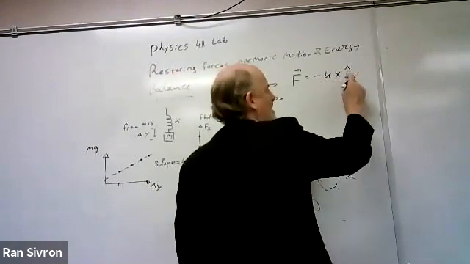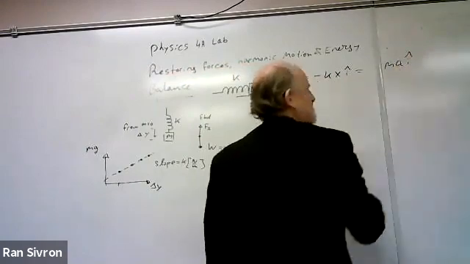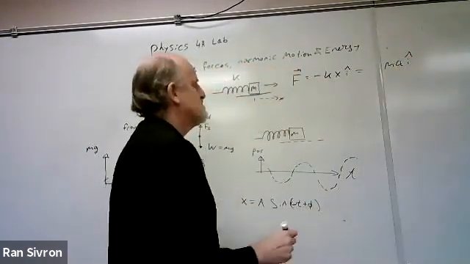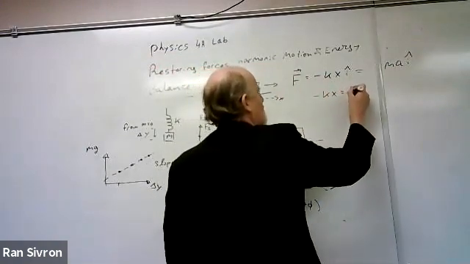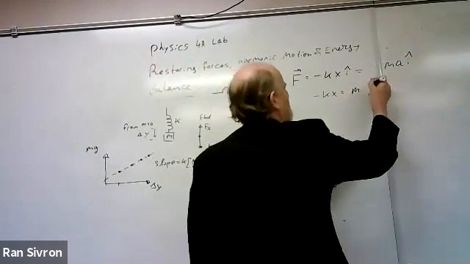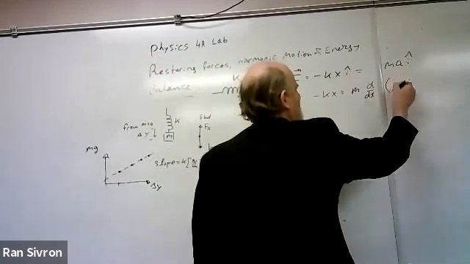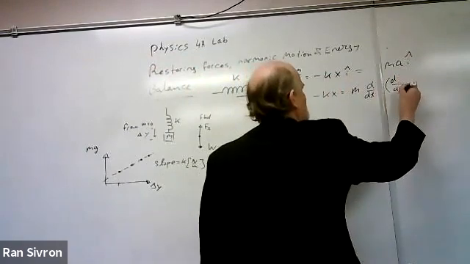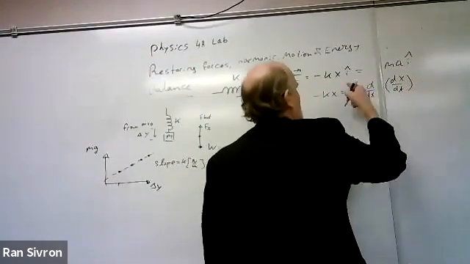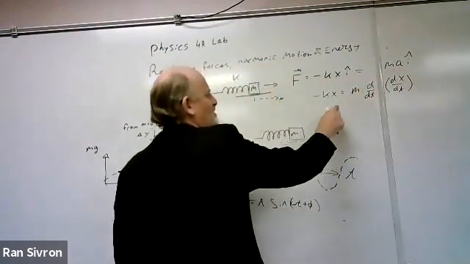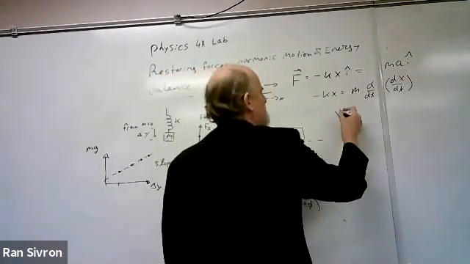Minus k times x i hat is equal to the mass times the acceleration i hat, which I can write as minus kx equals mass times the second derivative with respect to time of x itself. The i hats cancel out. That's my actual equation.